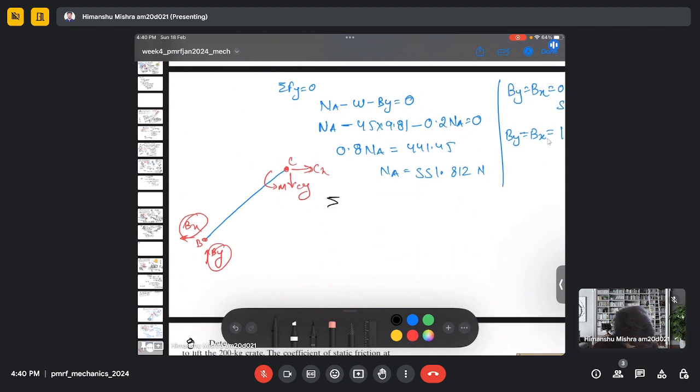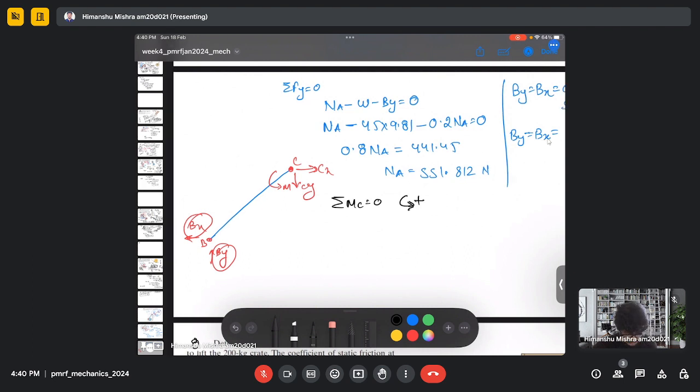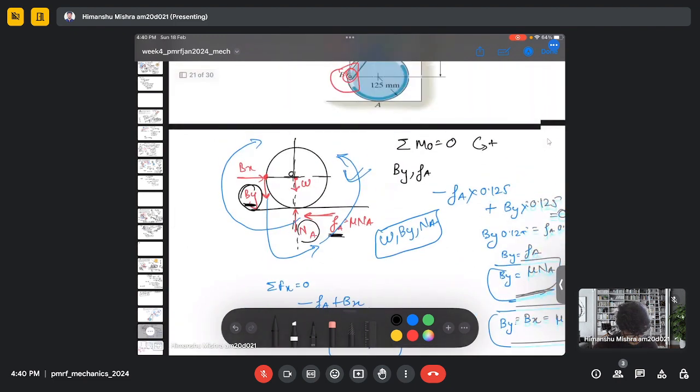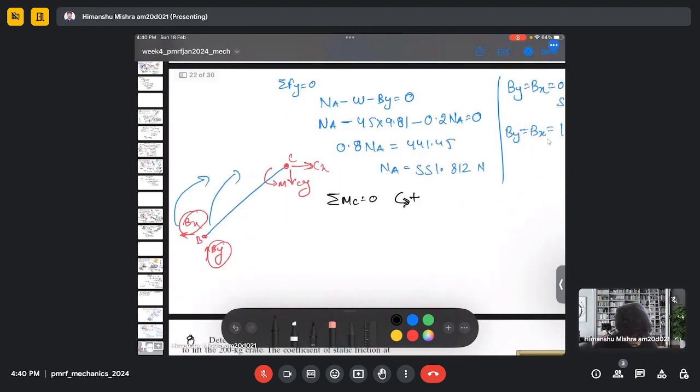So if we do the summation of moment at C, anti-clockwise is positive, then Bx will create clockwise moment, and By also creates clockwise moment. So both of these are negative.